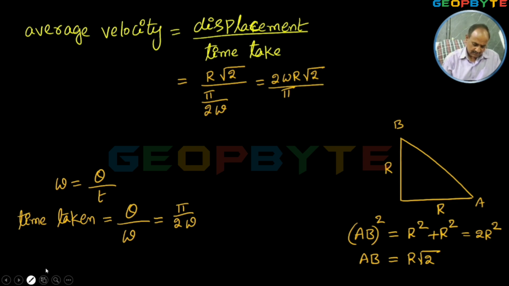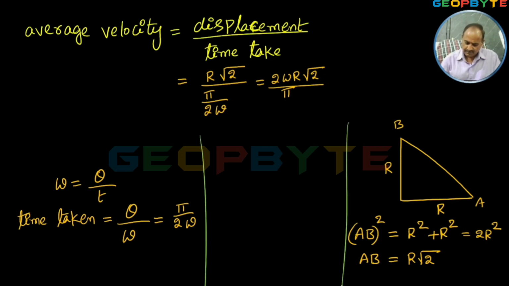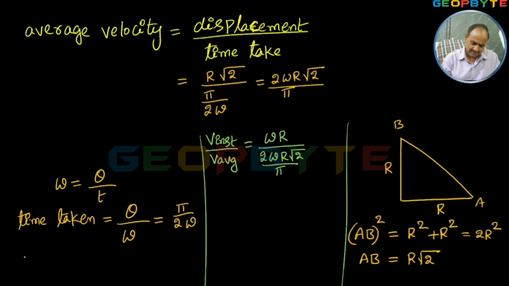But it is asking the ratio between the instantaneous velocity and average velocity. Instantaneous velocity is omega into r, average velocity is 2 omega r root 2 divided by pi. This pi goes up, omega r is cancelling. It is equal to pi by 2 root 2.